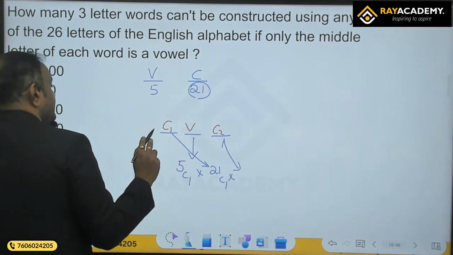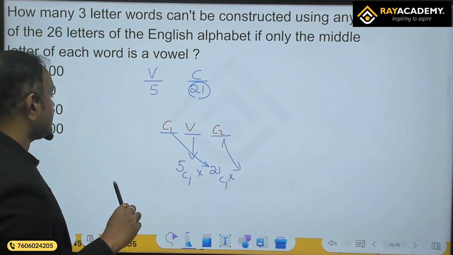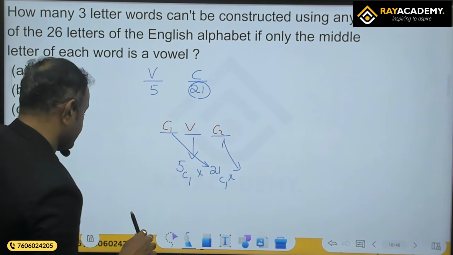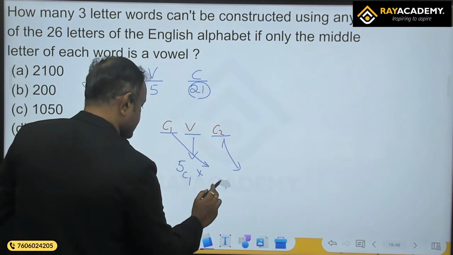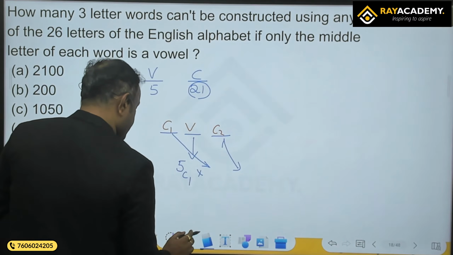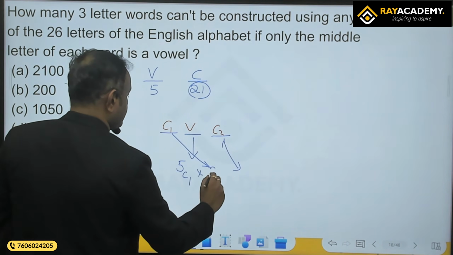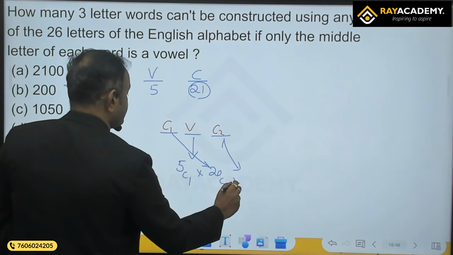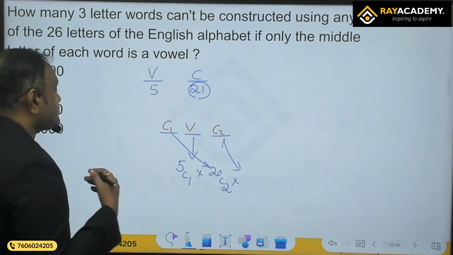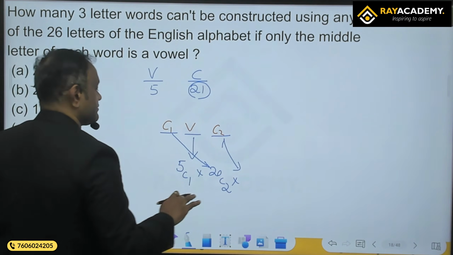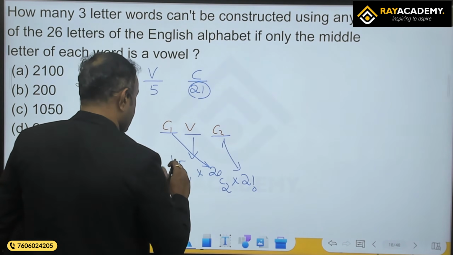Otherwise you can do it this way: because this is a simultaneous selection, you need 2 consonants, so 21C2. Once you have chosen the 2 consonants, then which one will be C1 and which one will be C2? So again another arrangement, 2 factorial, you can do. So that should be your answer.